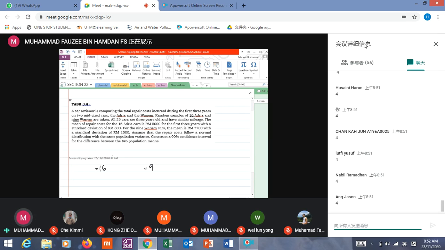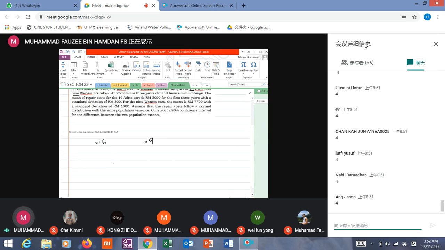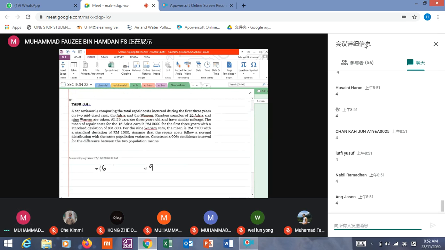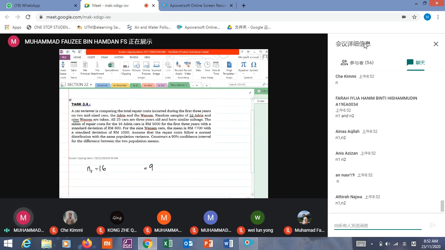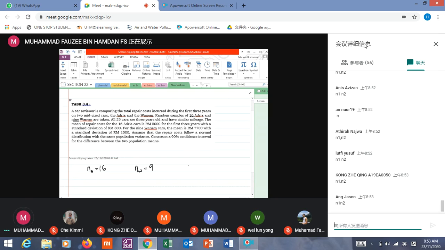What is the suitable symbol for this one? 16 and 9. What is 16 and 9? The size of the sample. So NA for Adria, NW for Wehan. The reference 1, 2, 2, 3. It's up to you.